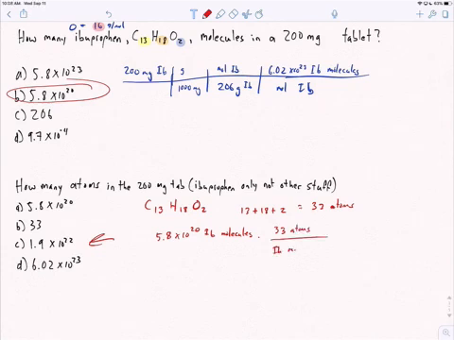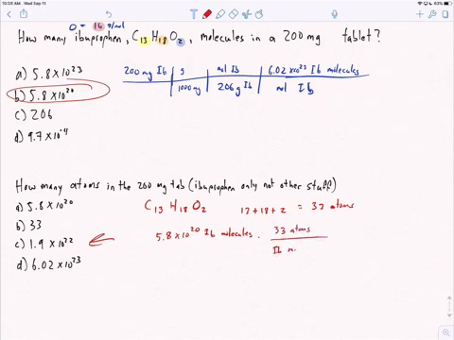So how many atoms are in that 200 milligram tablet, excluding the other stuff? We've previously determined there were 5.8 times 10 to the 20 molecules of ibuprofen. Each ibuprofen molecule has 13 carbon atoms, 18 hydrogen atoms, 2 oxygen atoms. So each of these has 33 atoms.